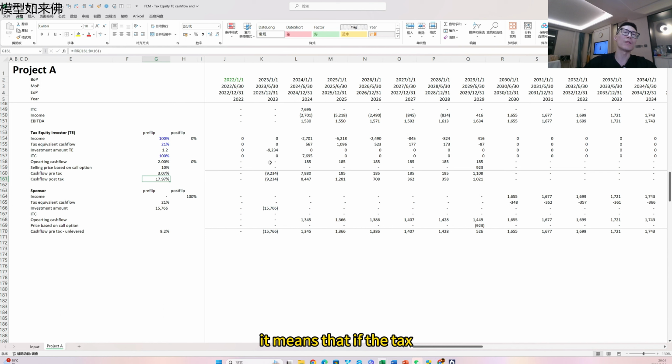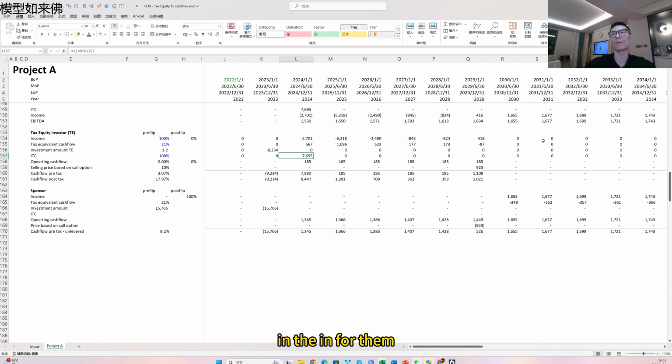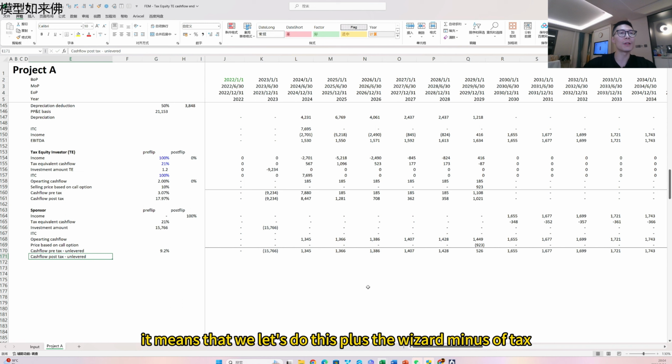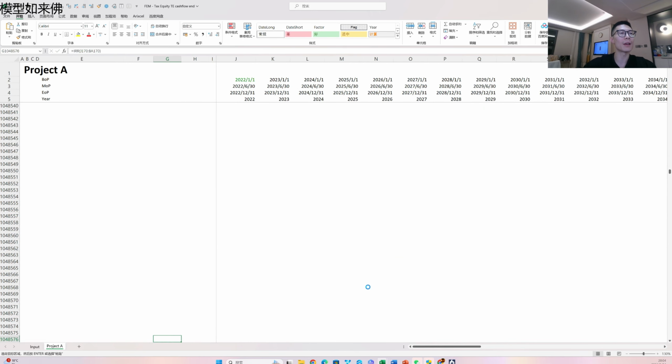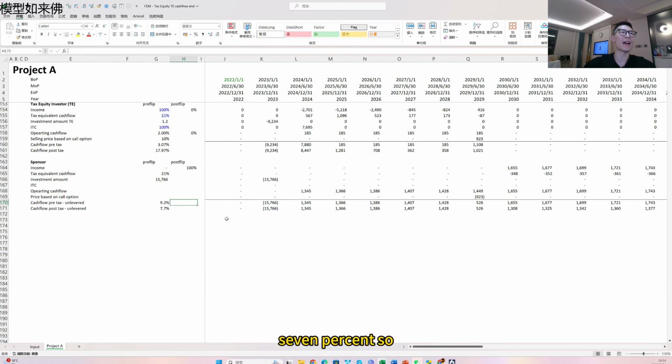It means that if the tax equity investor can quickly monetize all the losses or the ITCs, this is going to be a profitable project for them to participate in. And also, if we see the post-tax unlevered, let's do this plus the minus of the tax. We have 7.7%.